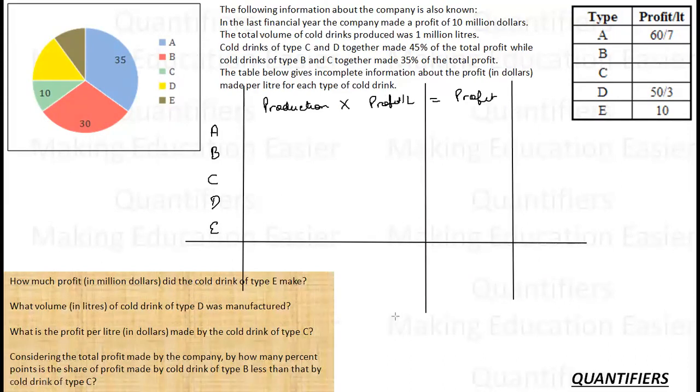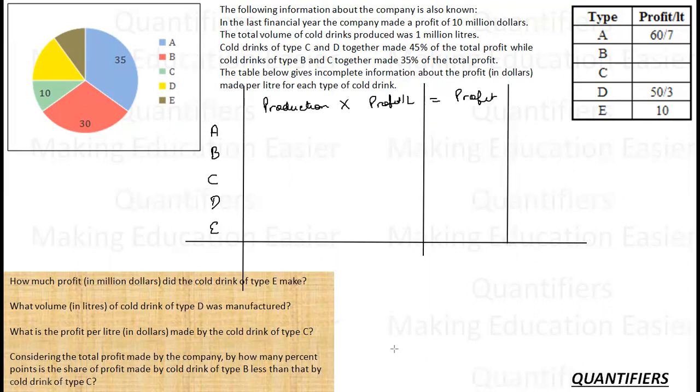Let us try to sort it out. So the total production I know is 10 lakh. I am just converting it into lakhs because we are more comfortable with this, and also while converting into percentages, I will not go into the decimal.